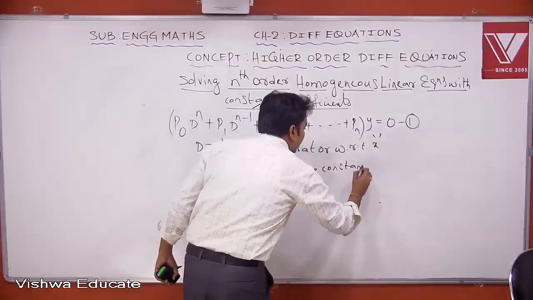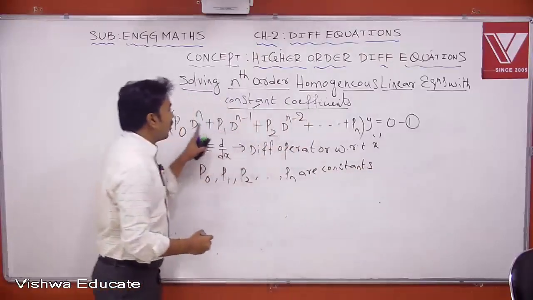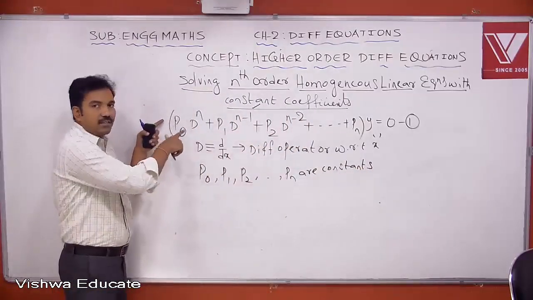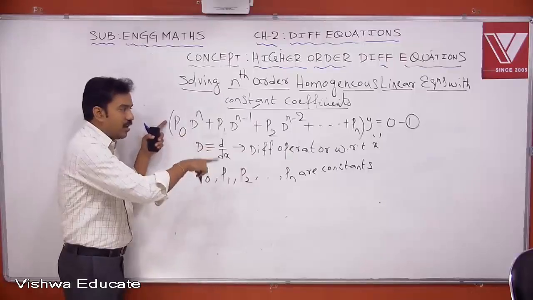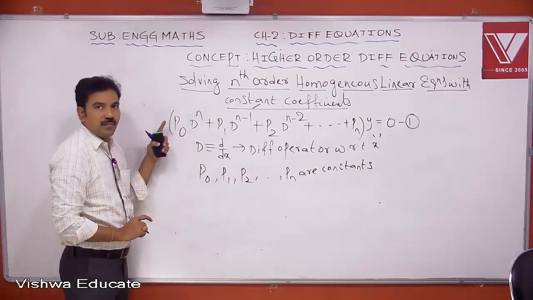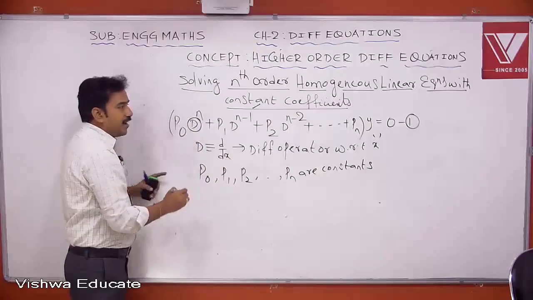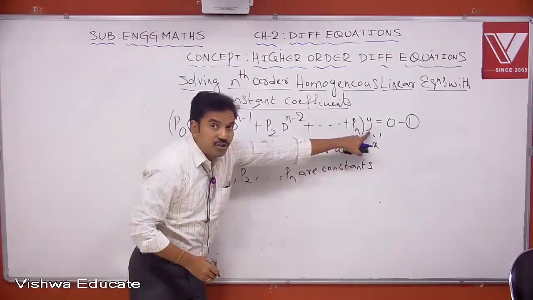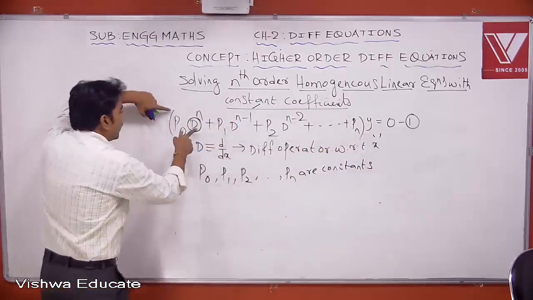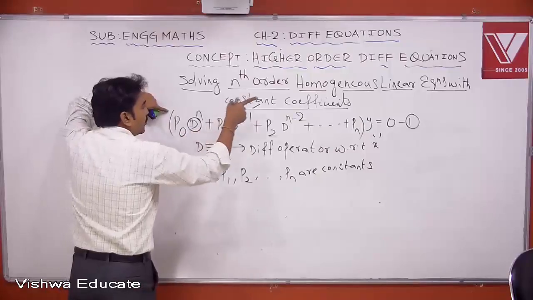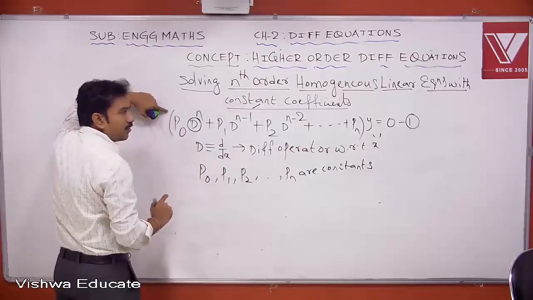So this equation 1 is a nth order homogeneous linear equation with the constant coefficients. Just in place of d by dx I wrote capital D, and y is taken common in each term.